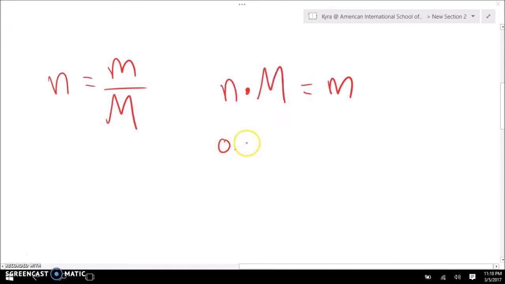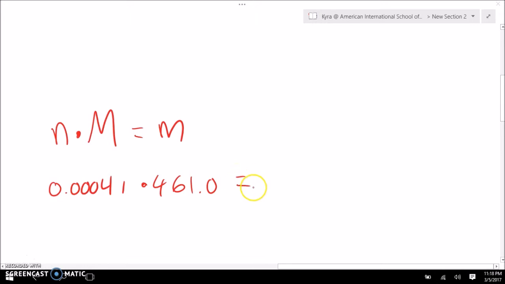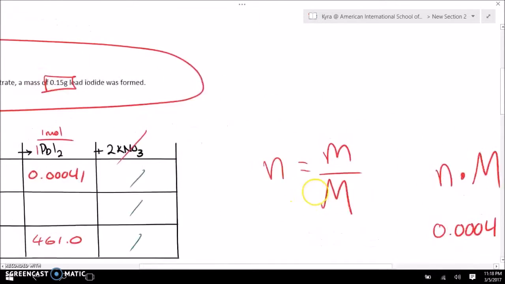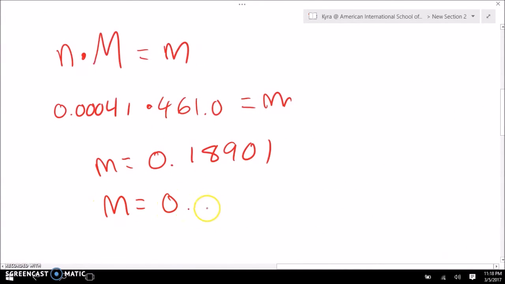So that is 0.00041 times 461.0 equals mass. So mass equals 0.1891. But once again, it's 2 decimal places, so mass equals 0.19.